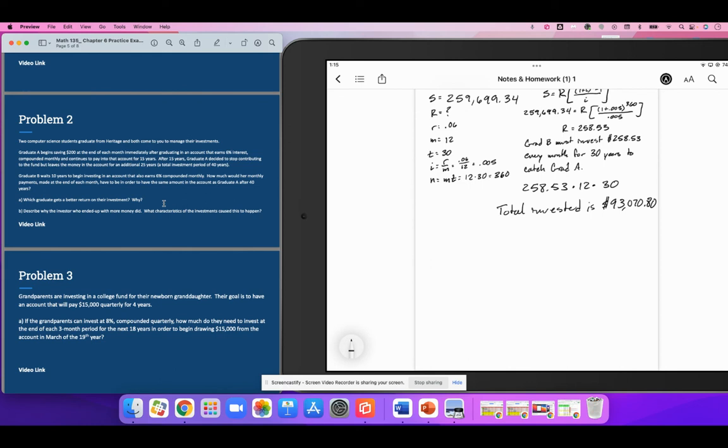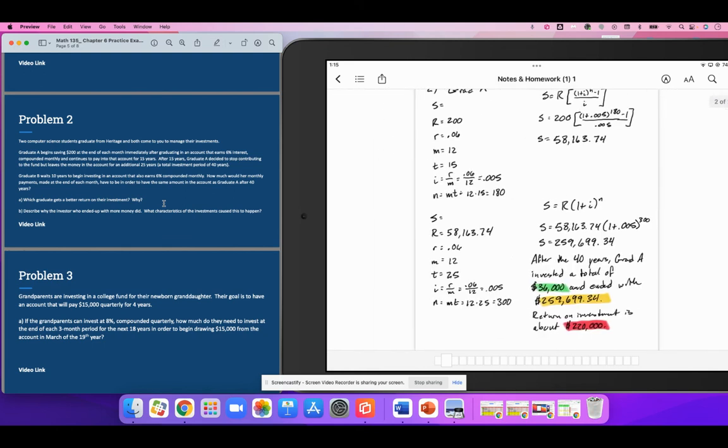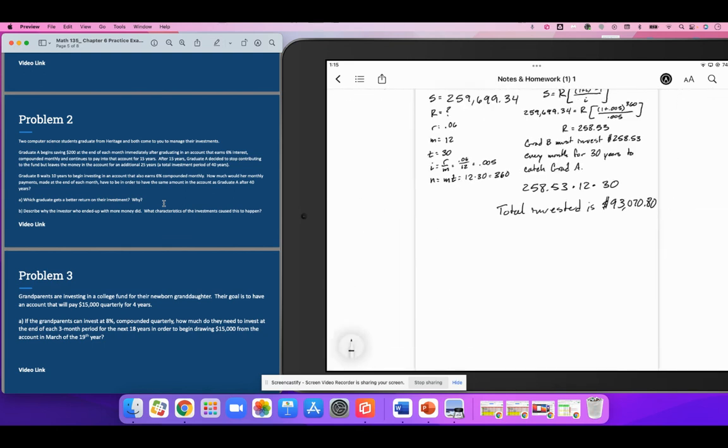That's quite a lot more. Total, what did I call the other thing? Total invested. They ended with, so ending value is the same as graduate A. They were able to catch graduate A by doing this. So 259,699.34.